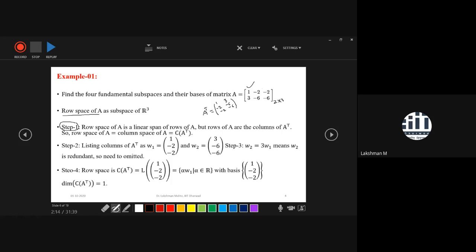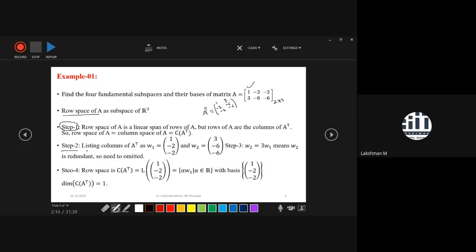So finding the row space of A is equivalent to finding the column space of A transpose, and we have already seen how to find the column space of a given matrix. It looks very easy because the column space is just the linear combinations of the columns of the given matrix. In the earlier step 2, while finding the image of a matrix, it was the first step, but here it comes second because we have to express the row space in terms of the column space of A transpose.